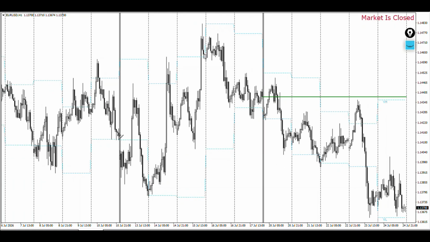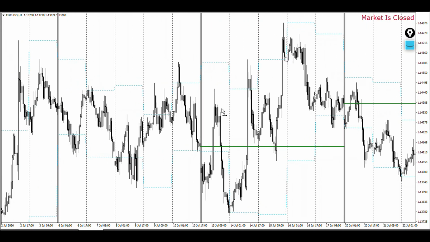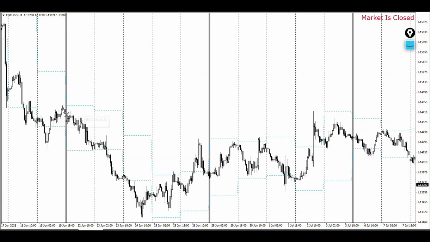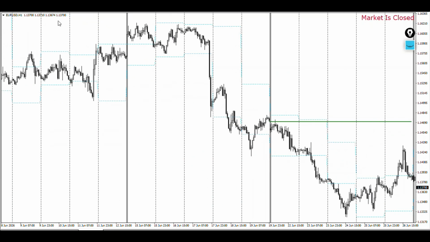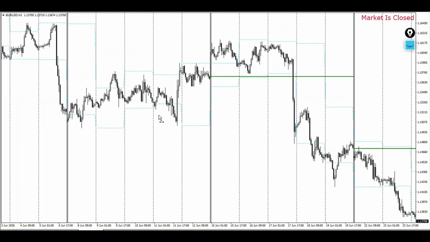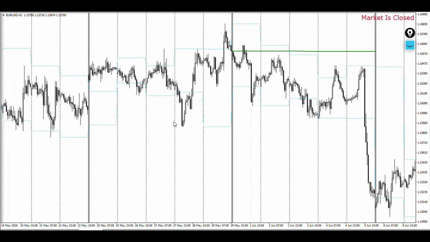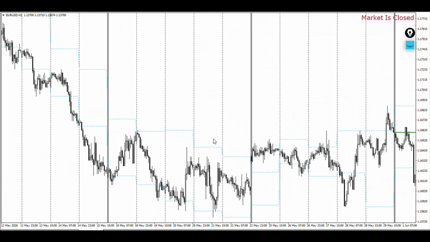I'll just draw a line on the Friday and see what kind of weekly template it gives us. This is the weekly template. Move away, retest and move away. Retest the area, try to come back, and at the end of the week it moves away from the CP area.